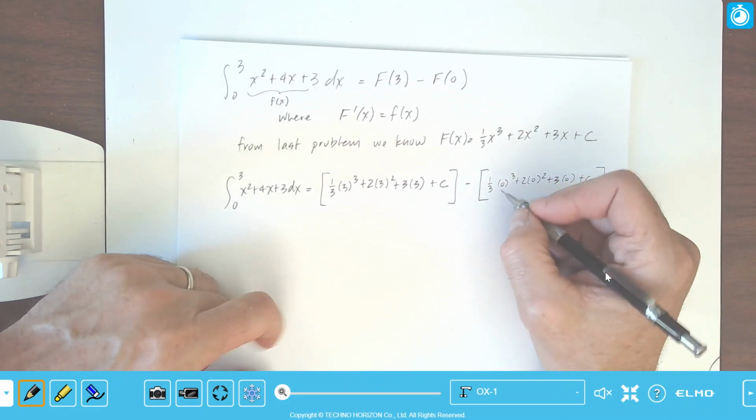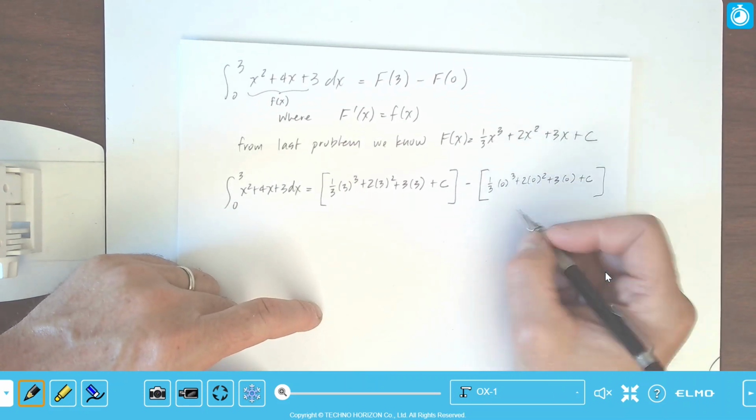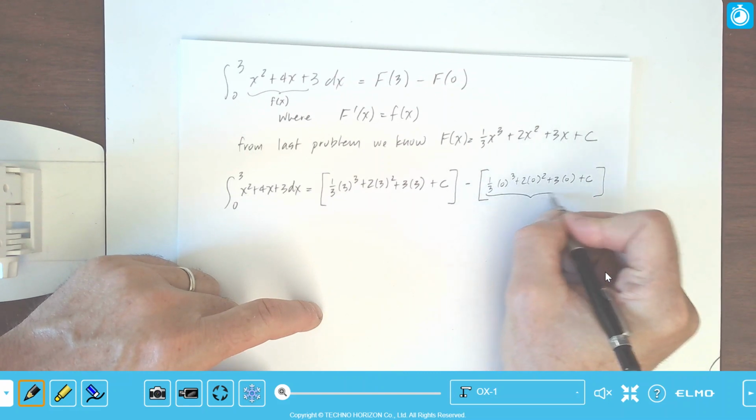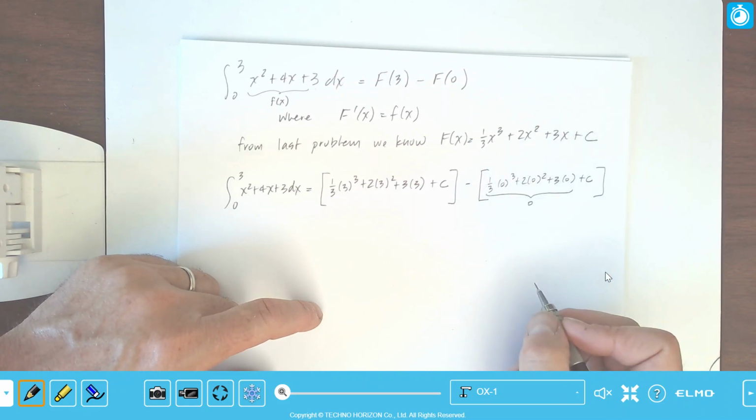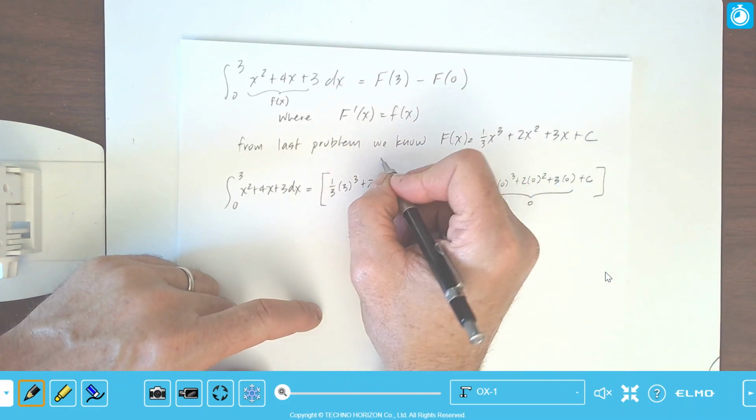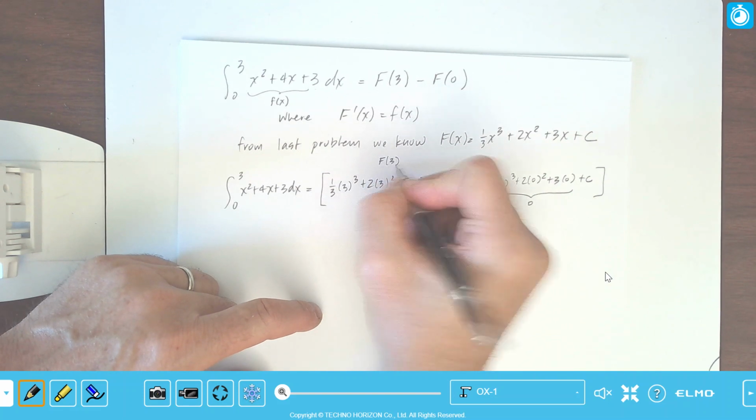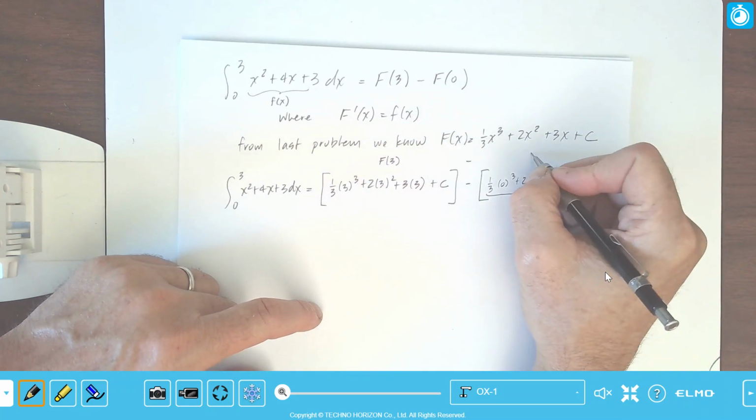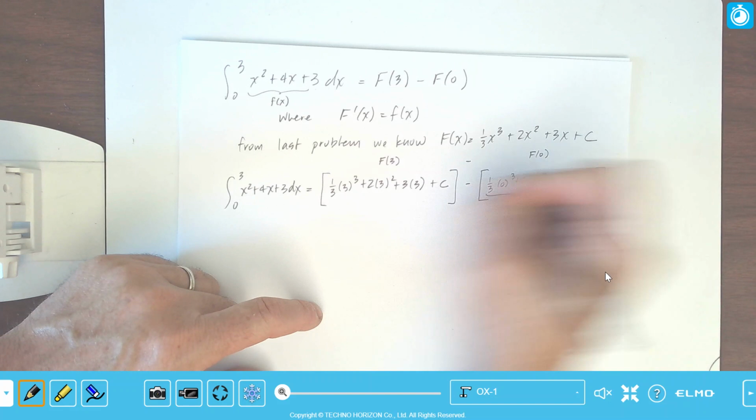You can see that all of this stuff goes away. I want to make sure everybody knows that what I have here is F of 3 and what I have here is F of 0.